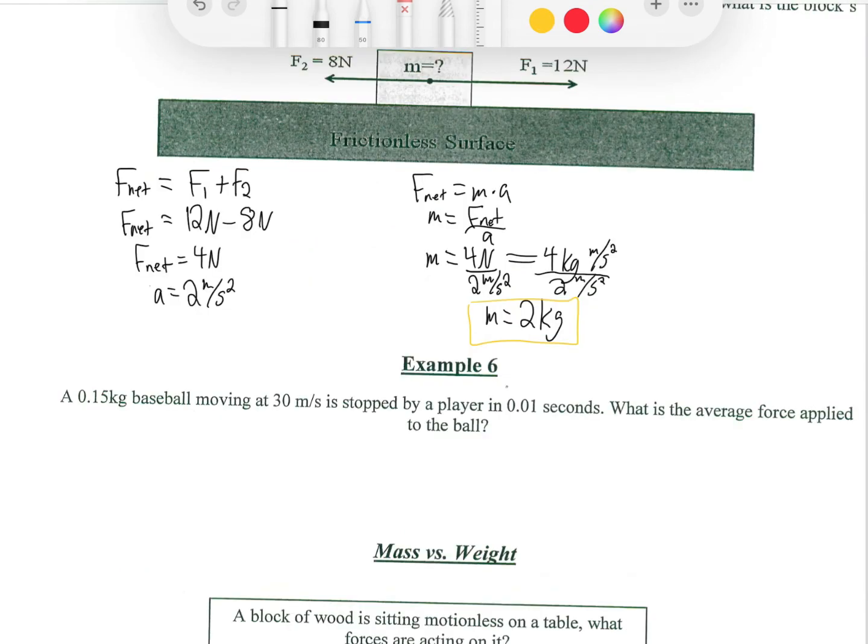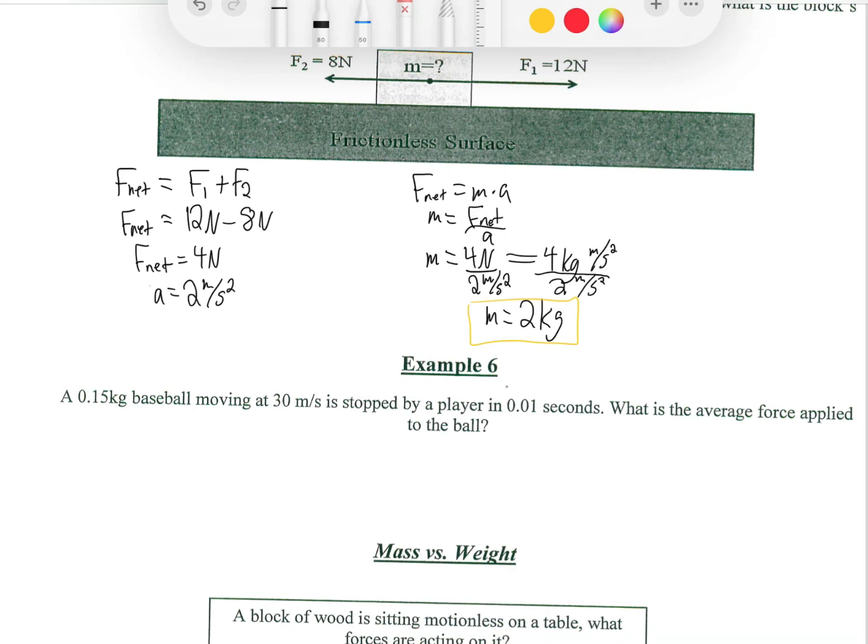Now let's take a look at example 6. A 0.15 kilogram baseball moving at 30 meters per second is stopped by a player in 0.01 seconds. What is the average force applied to the ball? Let's write down some of our givens, because this one's going to be a little bit different from the ones we've done before.